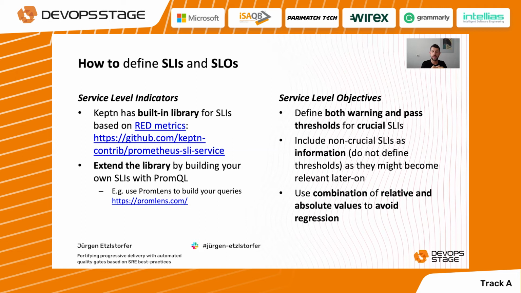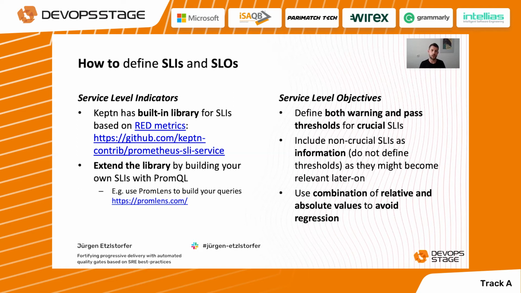But if you want to learn how your application is actually behaving, start by including more and more SLIs just as information in the SLO file, and then you can make decisions upon them later, and then you can define the goals and the SLOs upon it later on. And also a last recommendation from my side: use a combination of relative and absolute values to avoid regression.